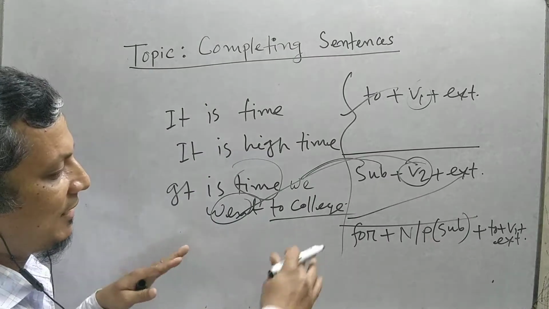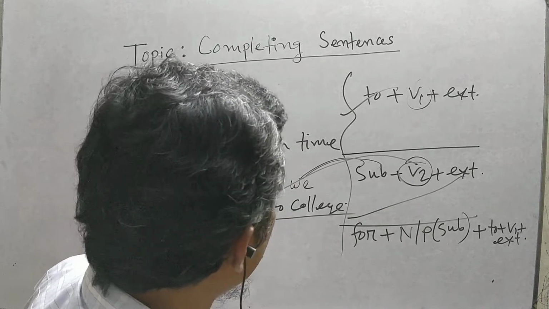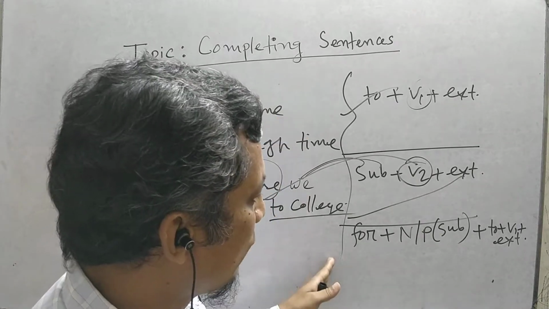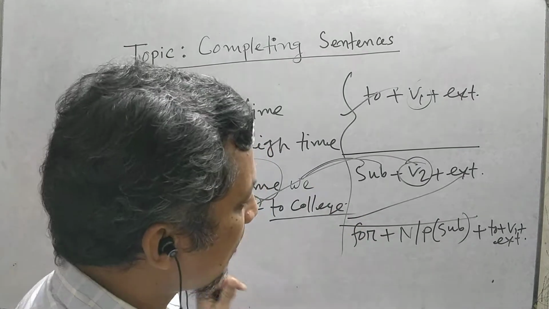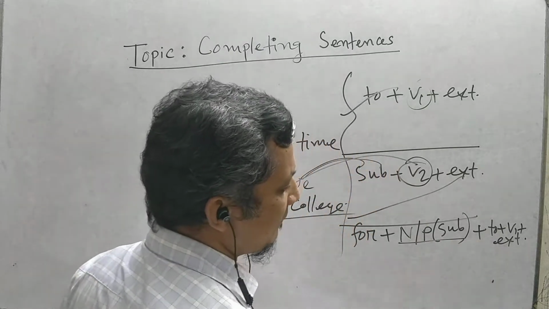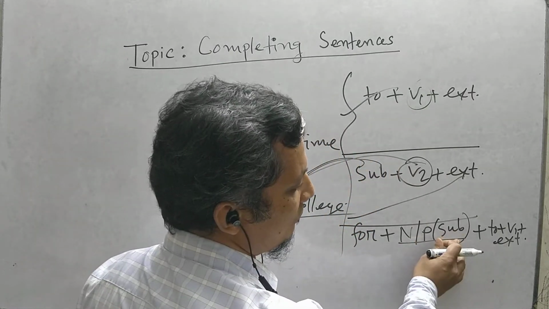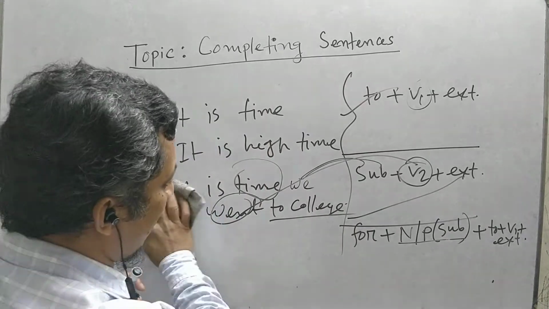Okay. Another way is, it is time or it is high time, then you can use for. If you use for, then you have to use a subject, that means a noun or pronoun. Now I am giving one example to you.